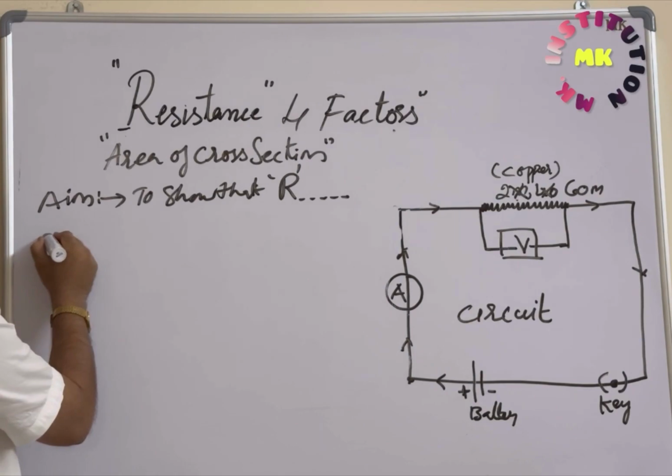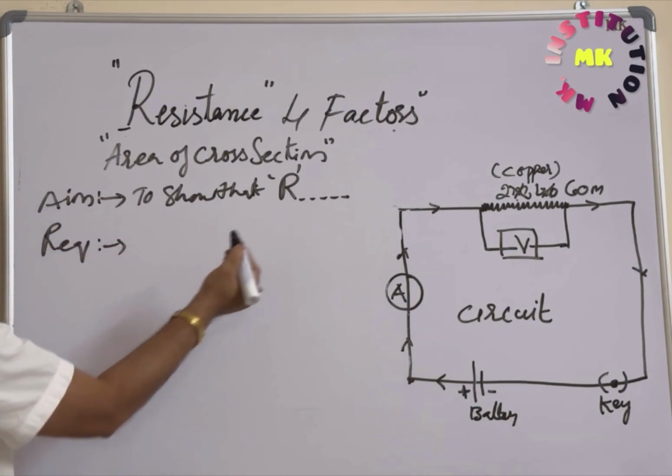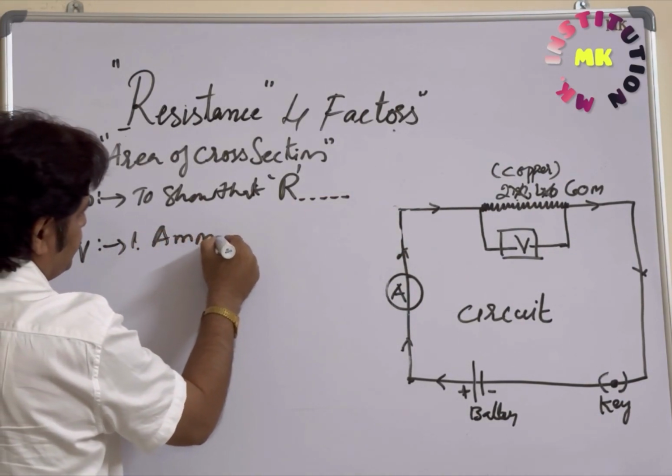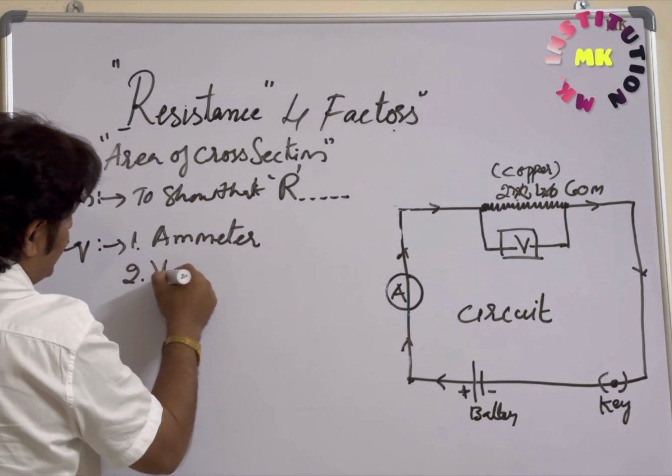Clear? Next, the requirements. What requirements are we taking for this experiment? Same requirements as before. The first one is an ammeter. The second is a voltmeter.